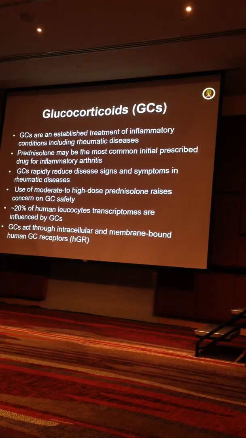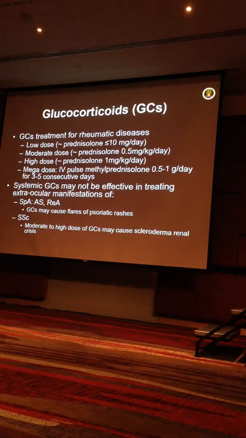20% of the human leukocyte transcriptomes are influenced by glucocorticoids. And glucocorticoids can act through the genomic and non-genomic pathway. The non-genomic pathway is very fast, so it can be seen that when you use the steroid at a very high dose, the pulse methylprednisolone, it acts through the non-genomic pathway, so that's why it can act within hours or days.